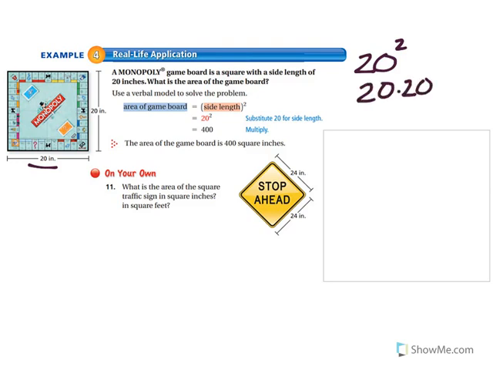And so here's a trick for you. 2 times 2 is 4. Add my 2 zeros here. I get 400. So the area of the game board is 400 square inches. If it is a word problem, I want to see your answer written in a complete sentence. Okay? So we are just about done.